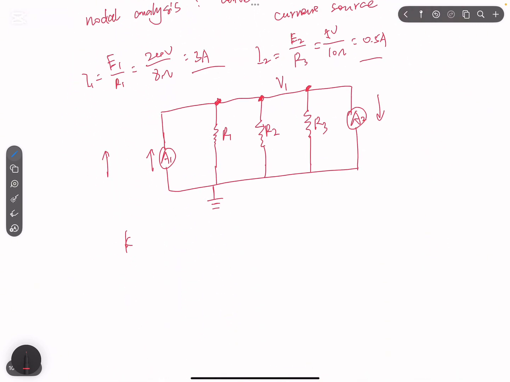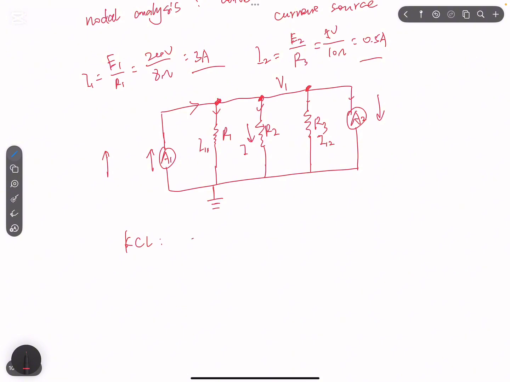So here that will be KCL. For A1, it goes from here, then this is our I. This is I1, this is I. This will not be I1 anymore, it will be I11, I12. So for current I, it will go to this one, this one, this one, this one.